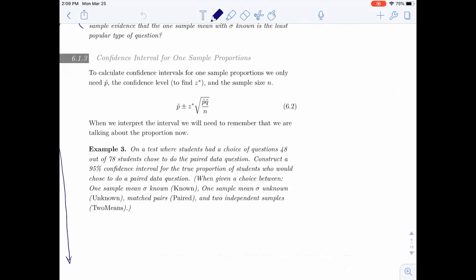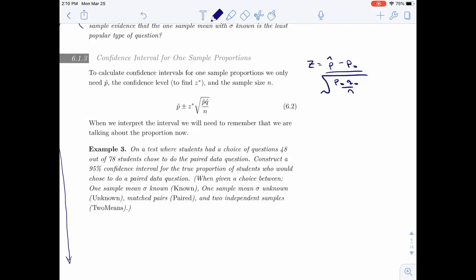One thing to notice, though, is that from the hypothesis test, we had Z is p hat minus p naught over the square root of p naught q naught over n. Usually, whatever is down here is what's in the plus minus chunk, but that's not the case for proportions. So you have to notice that those are different.